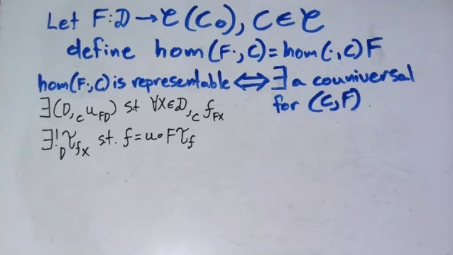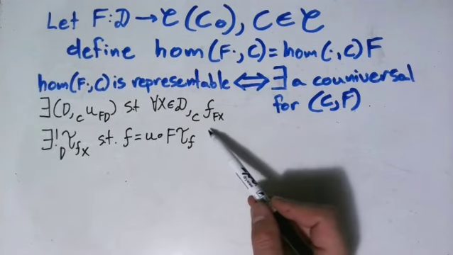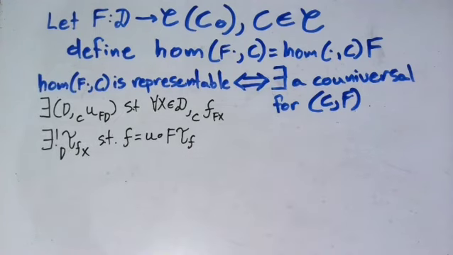But notice something in this definition, which is that each tau of f is unique. Every f of x can only map to a unique tau of f.